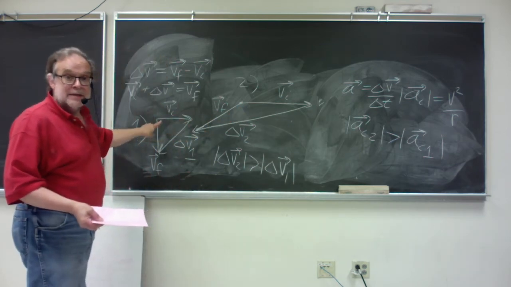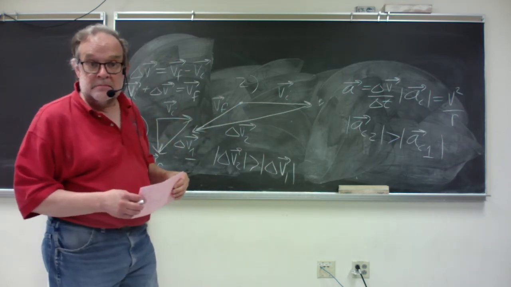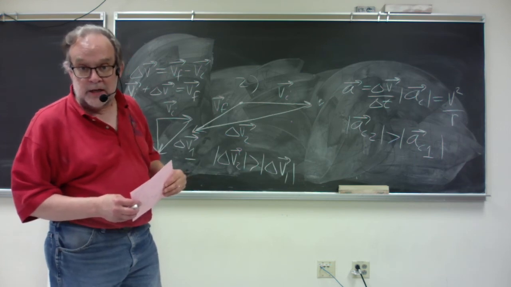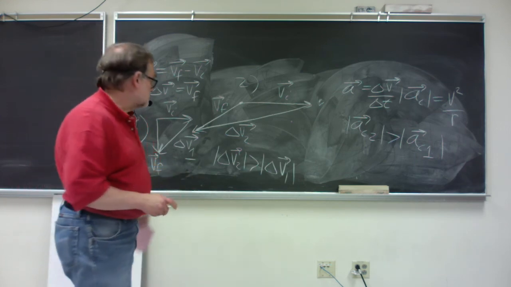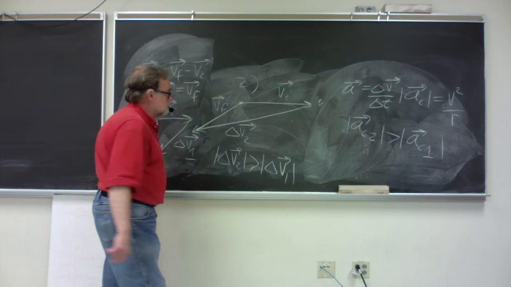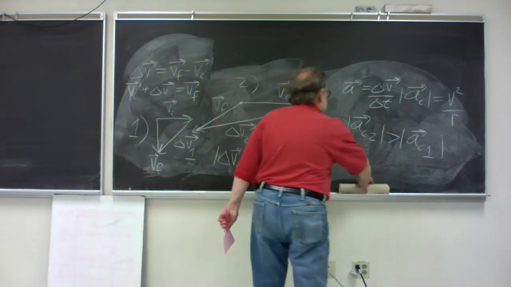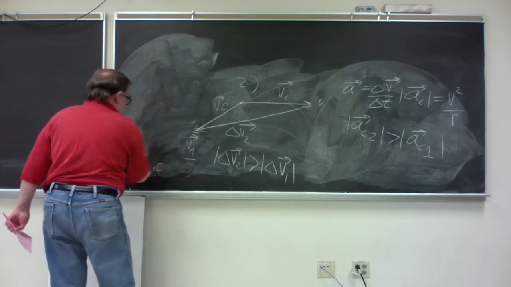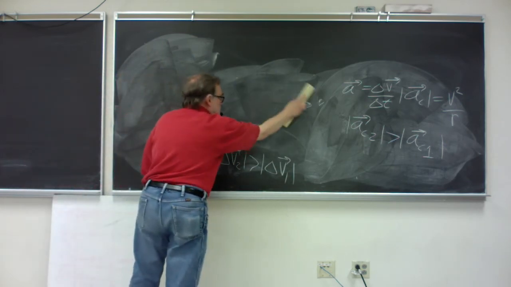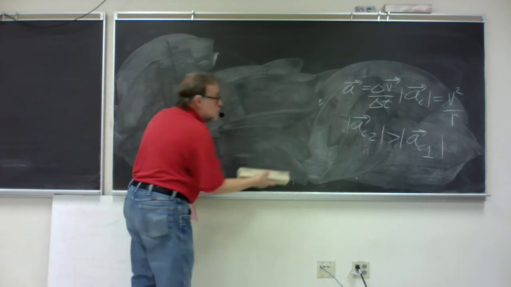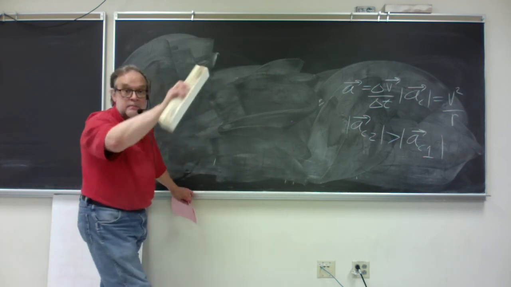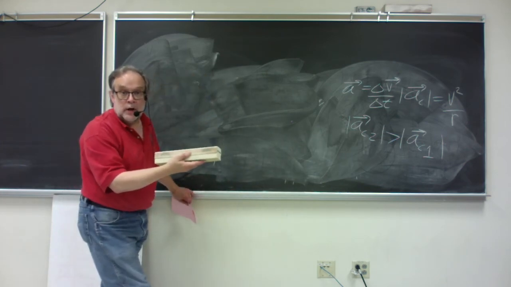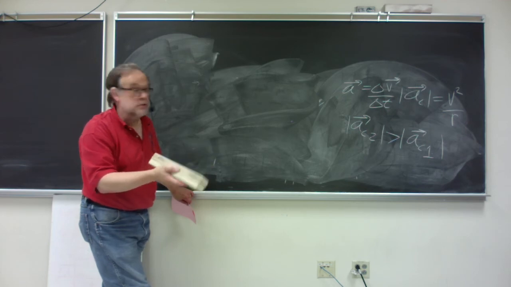Lower speed meant less change per second in the direction of velocity. The direction of velocity changed faster when the speed is higher, simply because you're going around that circular path faster.